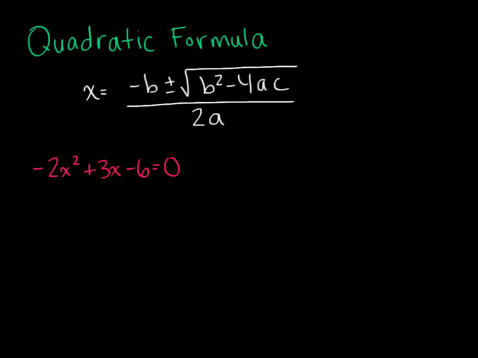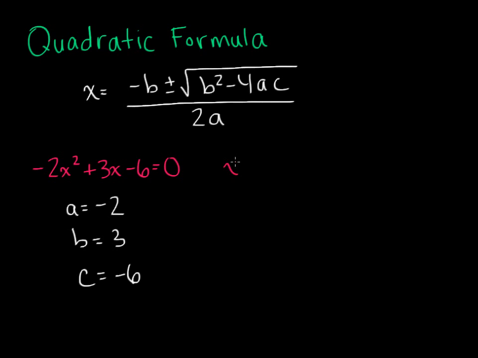So what we want to do is identify the values of a, b, and c in our quadratic equation here. So a is the coefficient of x squared, so in this case negative 2. b is the coefficient of x, so 3. And c is the constant of the equation, so negative 6. And we want to substitute those things into the quadratic formula in order to come up with our solutions to this equation.